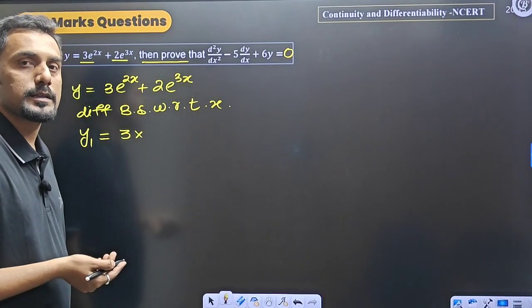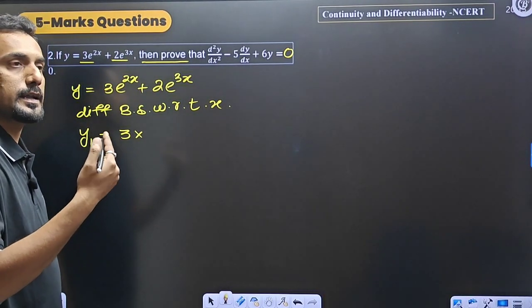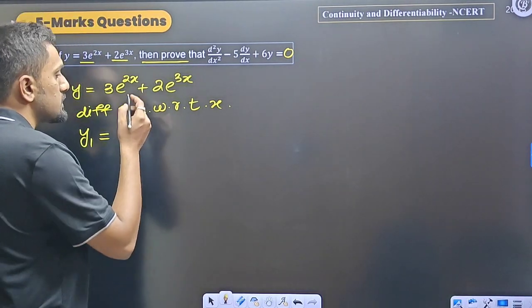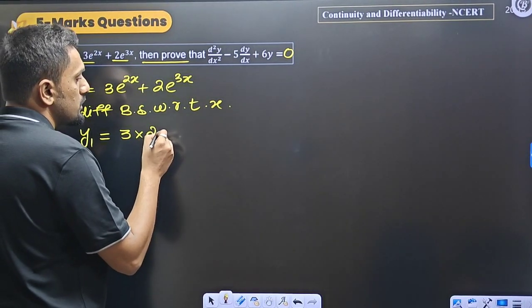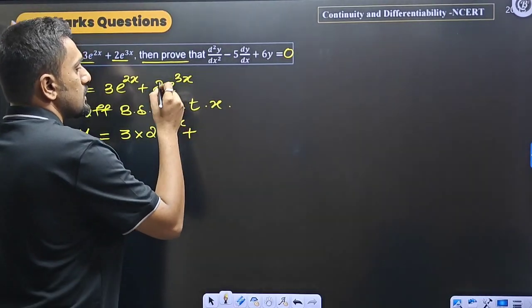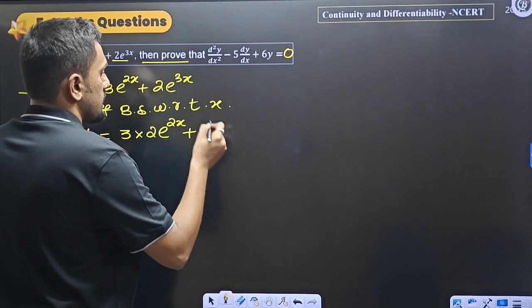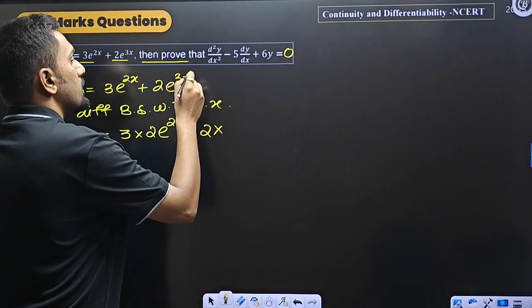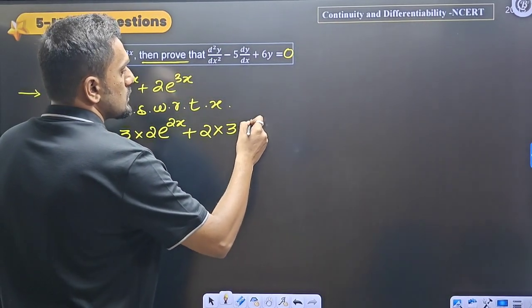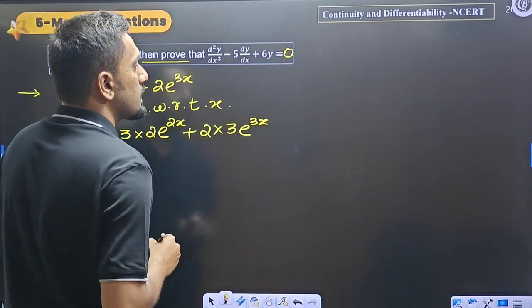It is a into e raised to the power ax. In the same manner this becomes 2 into e raised to the power 2x plus 2 as it is multiplied with derivative of e raised to the power 3x, which is 3 into e raised to the power 3x.